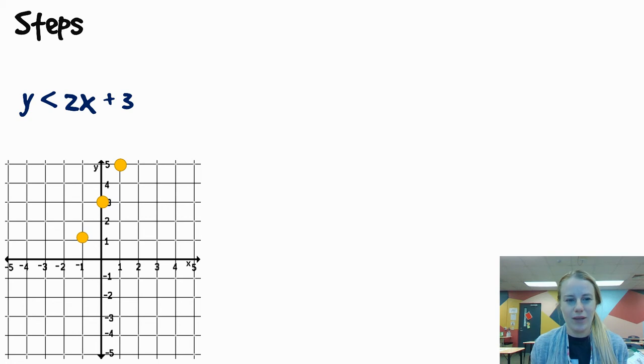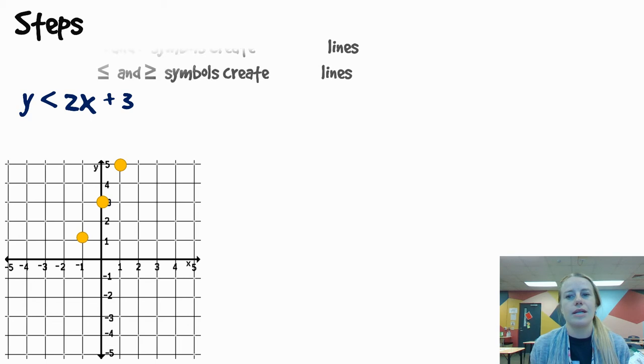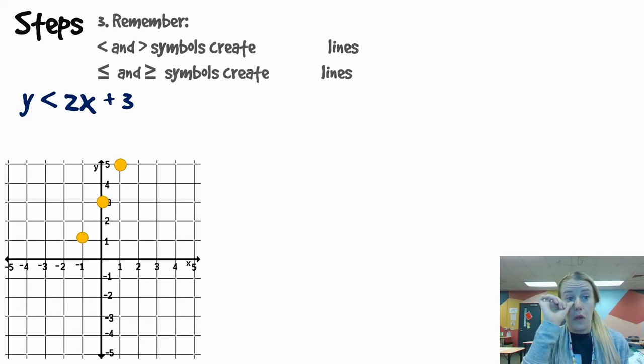With the same example, here are our points on our coordinate plane that we plotted already. Step number 3. This is where we're going to draw our line, but not all of them are just going to be solid lines. Some of them might be dotted. Our symbols without the equals symbol, so just the less than or greater than, not the less than or equal to, when they don't have the line underneath them, they create our dotted lines.